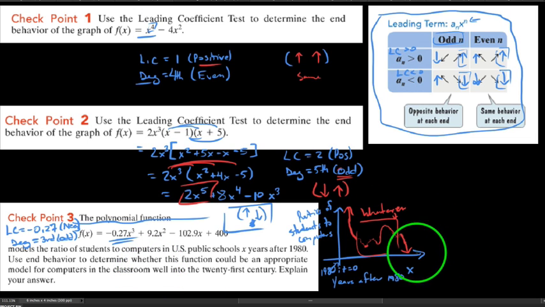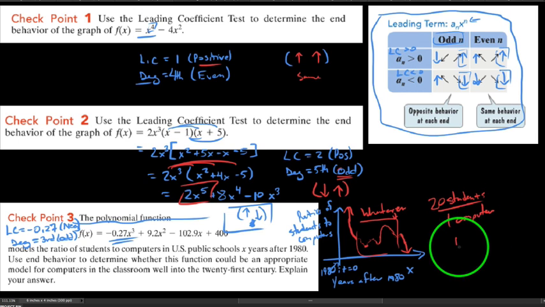Then essentially what I'm seeing here is that our ratio of students to computers is going downward. And when we say students to computers, this is kind of like saying I used to have 20 students to one computer, and now maybe I have 10 students to one computer, and then maybe in the next few years you have 5 and then 1.